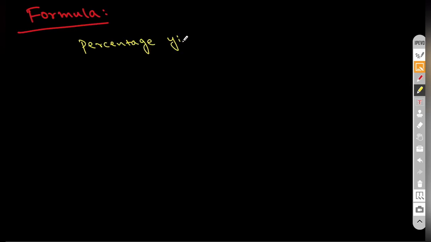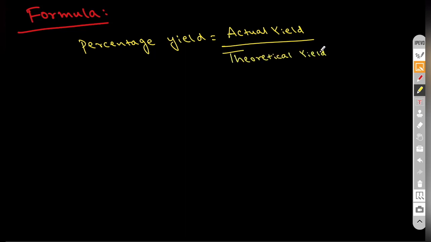Now discussing further, we will write the formula for percentage yield. So percentage yield is equal to actual yield divided by theoretical yield multiplied by 100. We will also solve problems so you better understand.